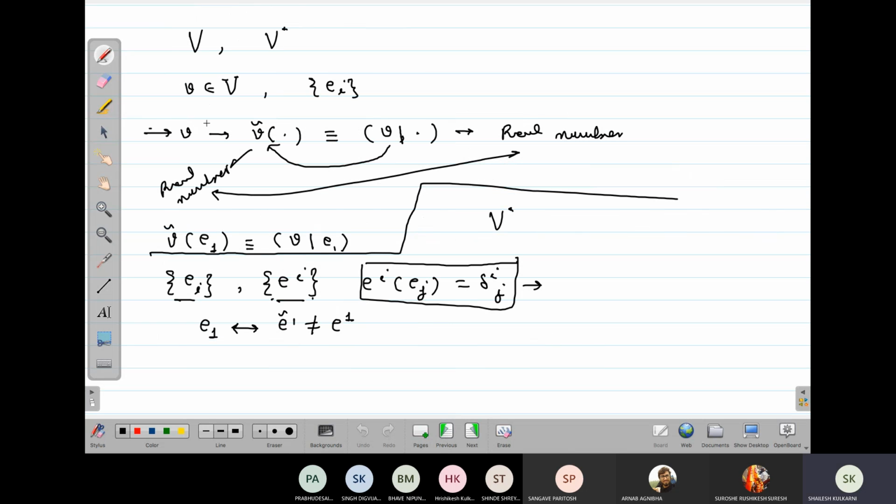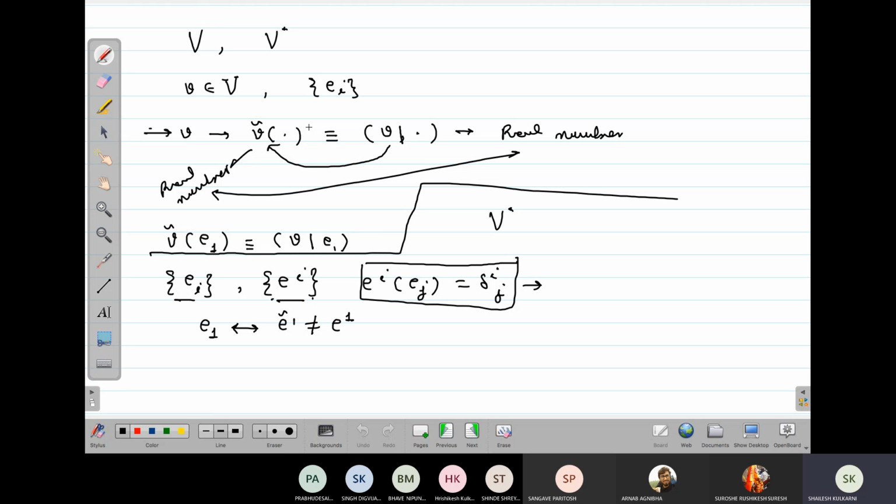Yes, the inverse of this. Remember, V tilde is a map from vector to number. When I act a dual vector on a vector, I will get a real number. Similarly, I can act a vector on a dual vector and I will get a number. So it is a map from dual vector to real number.